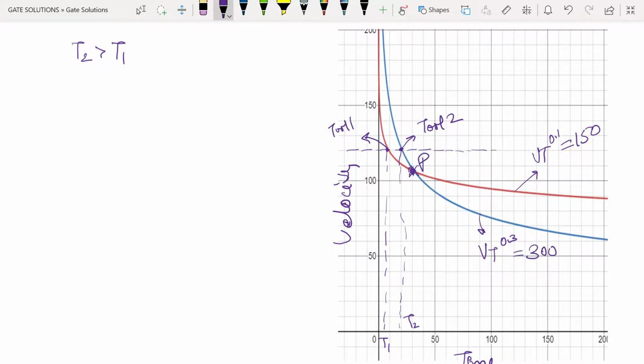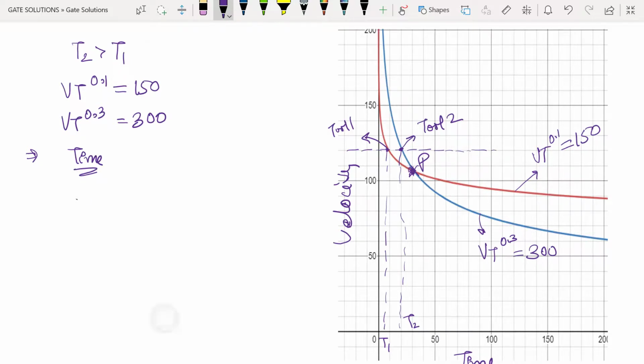Now we have been given the two equations, V T raised to power 0.1 is equal to 150 and V T raised to power 0.3 is equal to 300. So we equate these and find the time.